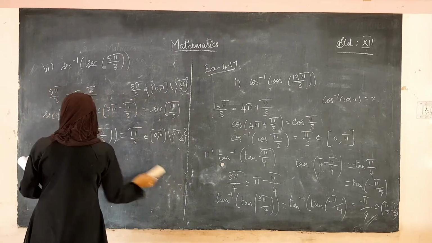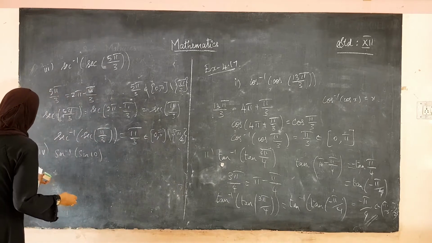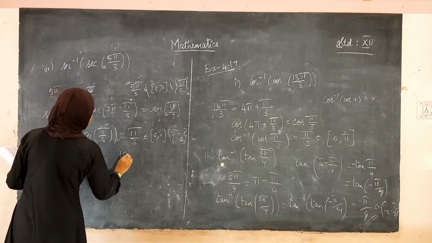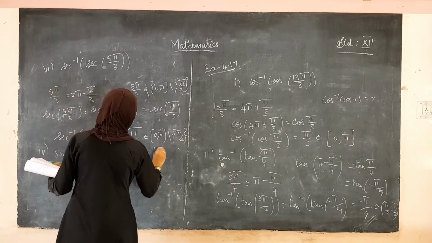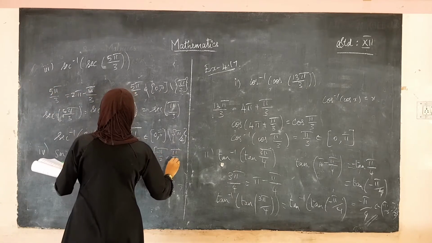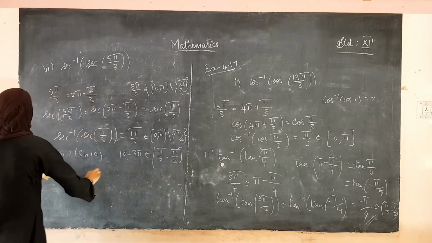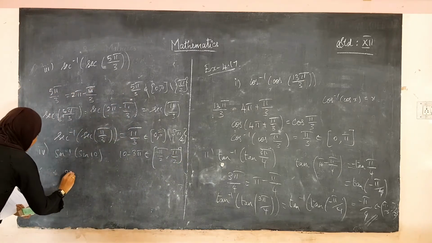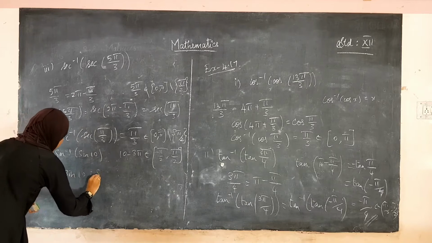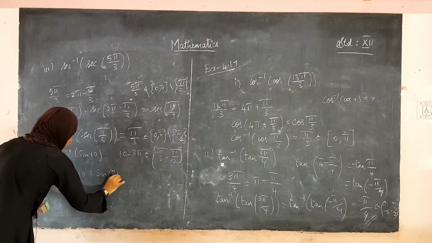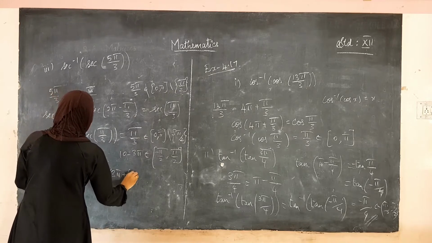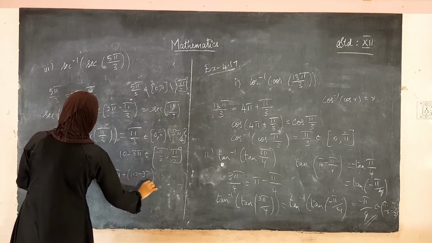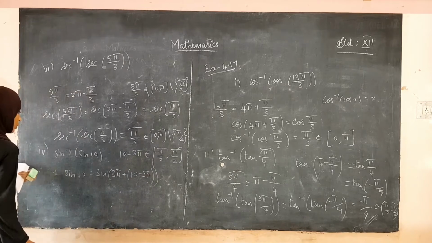Therefore, we are going to change this 10. See here, we know that 10 minus 3 pi belongs to minus pi by 2 comma pi by 2. How are we getting this? See here, sine of 10 can be written as sine of 3 pi plus 10 minus 3 pi. Then what happens?